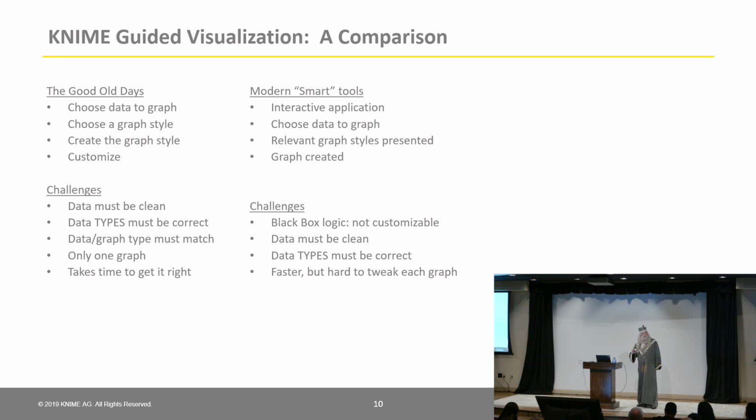But the problem is, even though they've given us a level of interaction, there's still some black box logic, and there's still some limitations in terms of data and types, and to be honest, the data still has to be clean. So we thought, okay, what can KNIME do with its guided capabilities to help in this area?